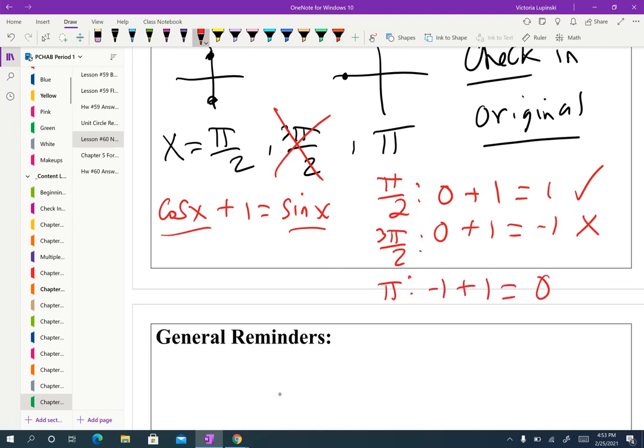The sine of pi is 0. So we have another winner, which means the only two possible answers to this equation are pi over 2 and pi. So again, the first three problems were just general reminders of how you solve, bringing back some of that factoring and quadratic formula. Here in the final two, you had to square both sides, which means you have to check your solution.